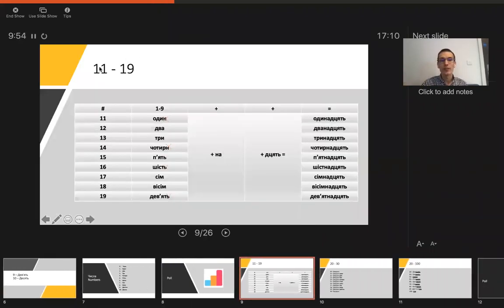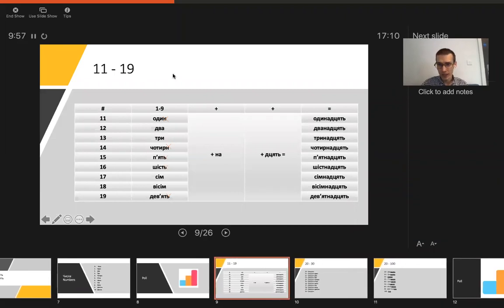So for example, if you look at 11 through 19, it is as it is in English, a very similar way. You have a number like 3, and then you add something to it, and then you get 13. Yeah, 4, 14, etc. It's almost exactly the same in Ukrainian.